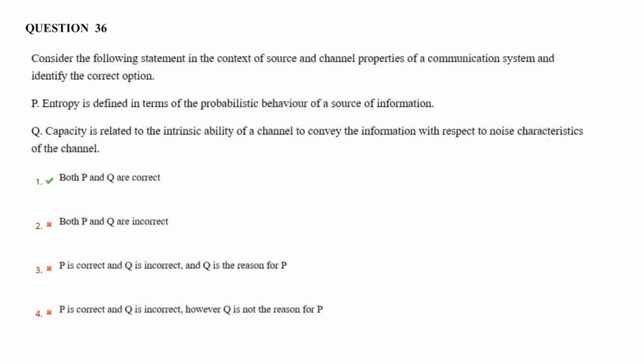Next question. Entropy is defined in terms of probabilistic behavior of source information. So correct. Entropy is average information content per source symbol. Entropy is maximum if all symbols are equiprobable.